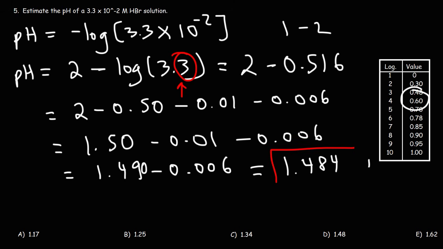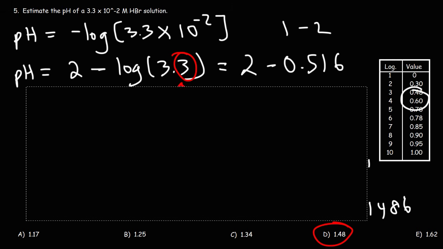So that is our answer, which we can go with answer choice D. And if you plug in negative log 3.3 times 10 to the minus 2, you get 1.481486. So it's still about 1.48. So that's what you can do to estimate the pH of a solution without the use of a calculator.